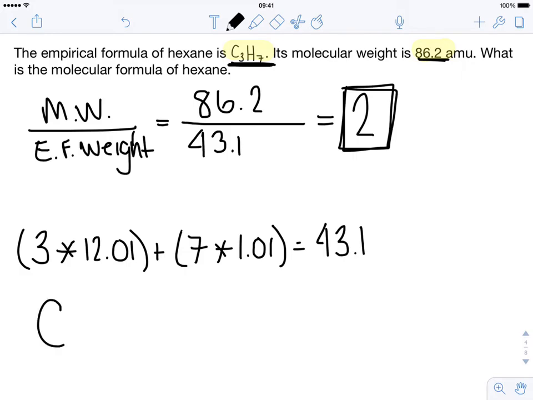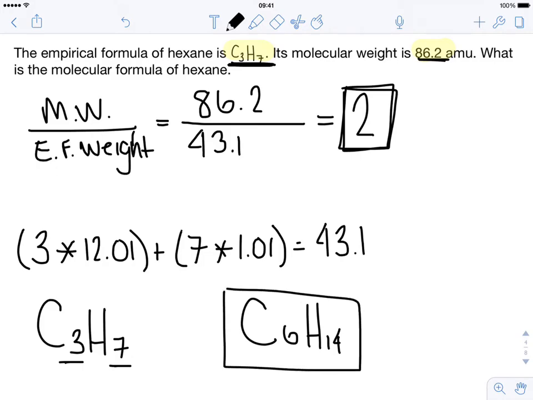So our empirical formula is C3H7, but I need to multiply both of these numbers, these subscripts, by 2. So that means we have C6H14. And this right here is our molecular formula. So that is how you figure out a molecular formula when you're given an empirical formula and a molecular weight.